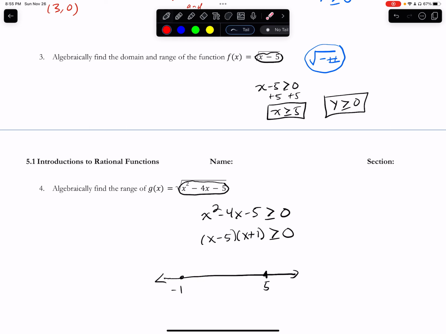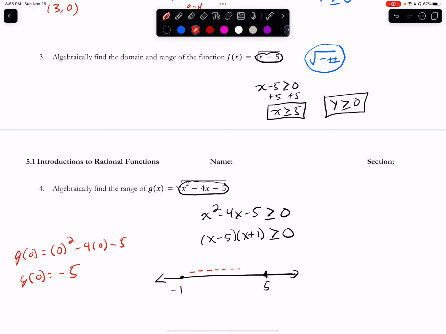If I substitute 0 into this equation, I get 0 squared minus 4 times 0 minus 5, so g of 0 is equal to -5. So we know that anything between these two is going to be negative, and it's going to be positive over here and positive over here.